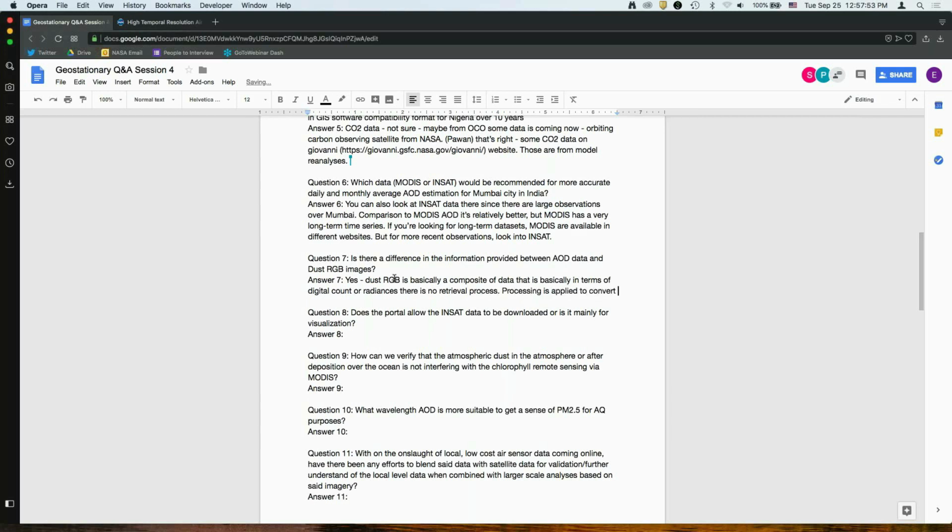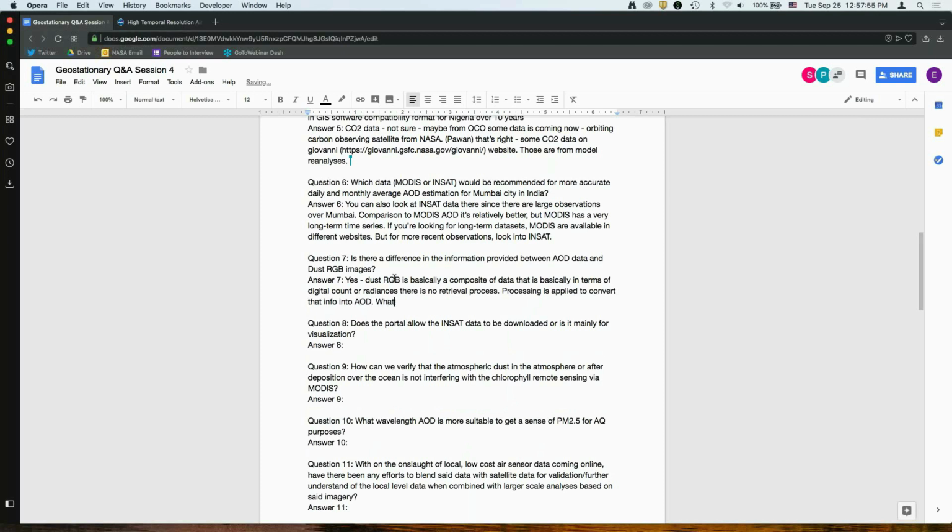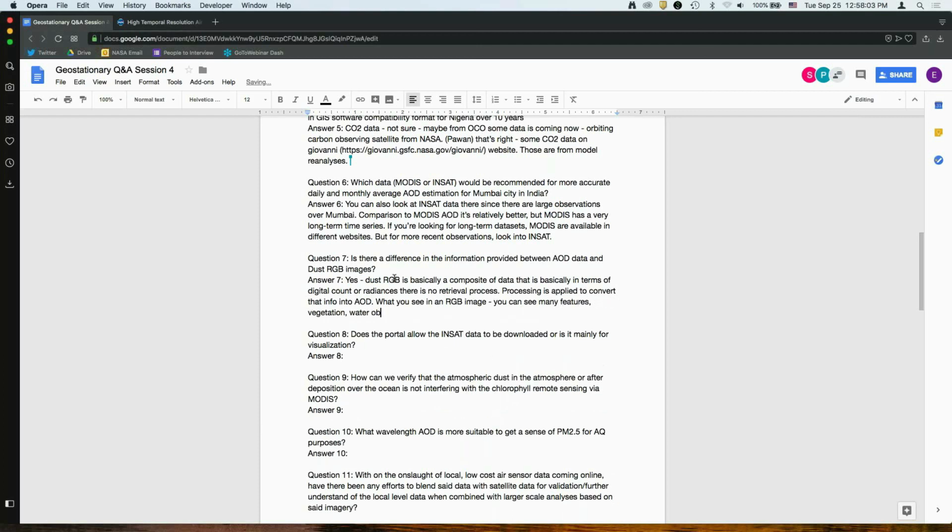So what you can see in an RGB image is many features. You can see vegetation, water bodies, oceans, and of course the signatures of dust or aerosols in the form of haze. But if you need to quantify it, you need to convert into aerosol optical depth.